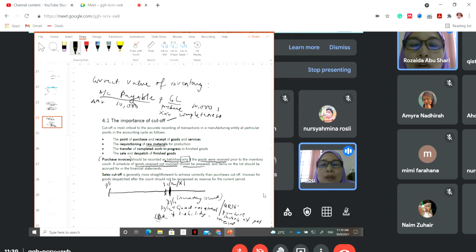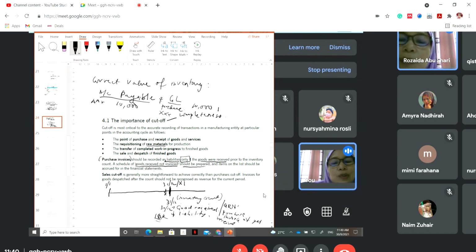Tapi kalau cut off ni, kita buat test cut off ni untuk determine whether the transaction is recorded at a proper period. Some company, they might manipulate this one. Sebab dia kata, oh okay, dia tak record pun GRN ni received at this particular period, sebab nanti dia ikut purchase invoice ni. Sebab dia tak nak company to show too high accounts payable. That is what happened in the business.